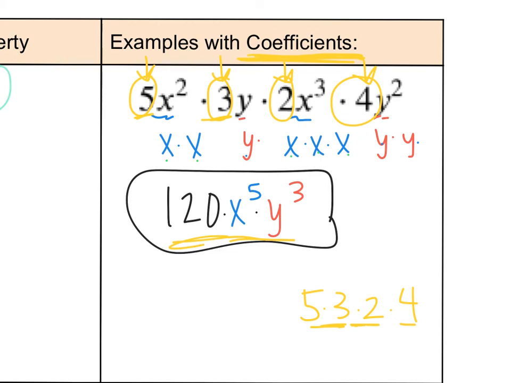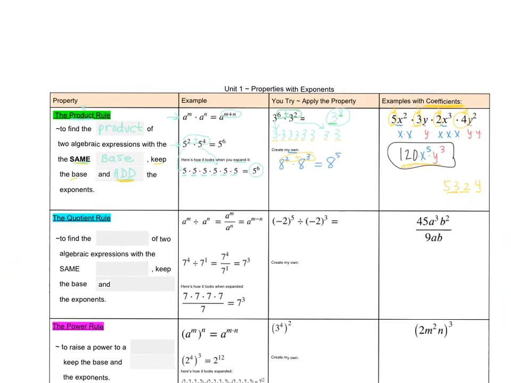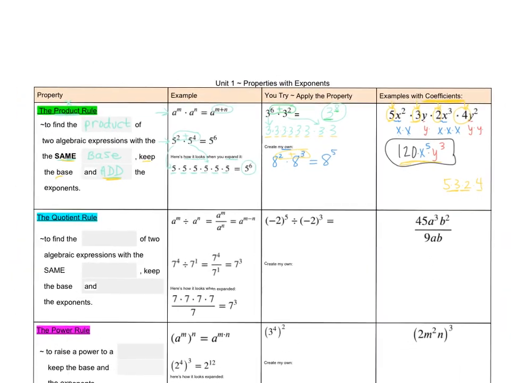So when you have coefficients, you're going to treat them as just regular numbers, do the regular math problem with those. The property says when the bases are the same, we keep the base and add the exponents. Okay, so have all of your notes filled in for the product rule, and then you're going to do some practice with this rule.